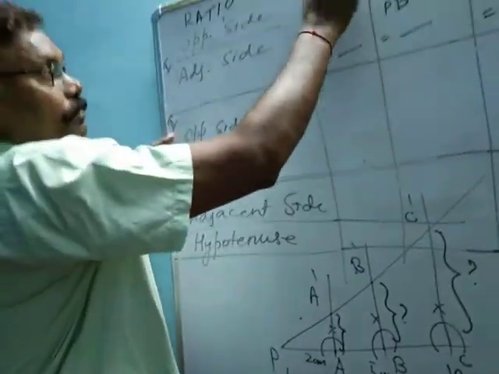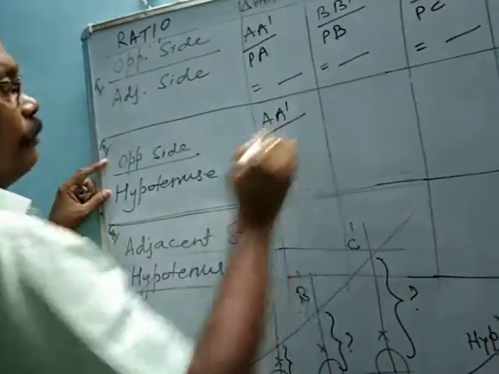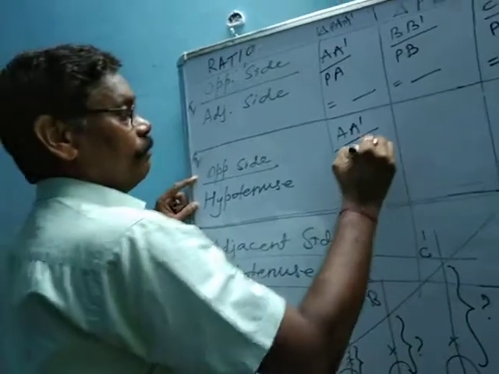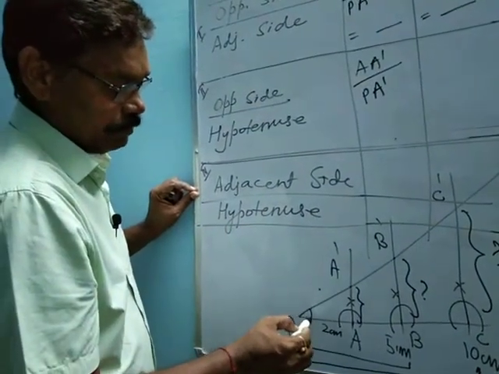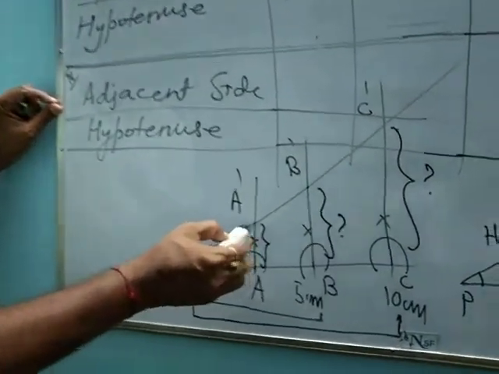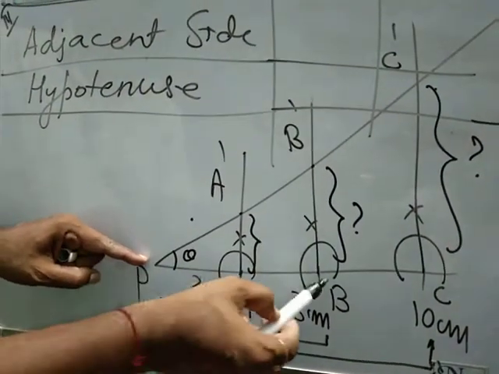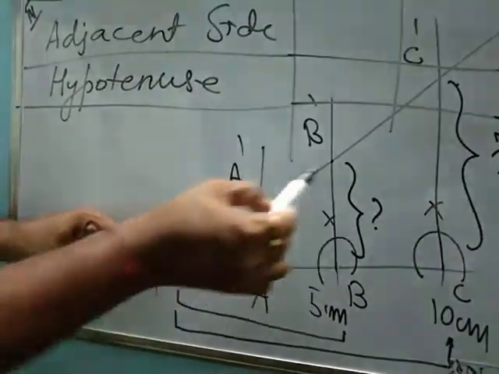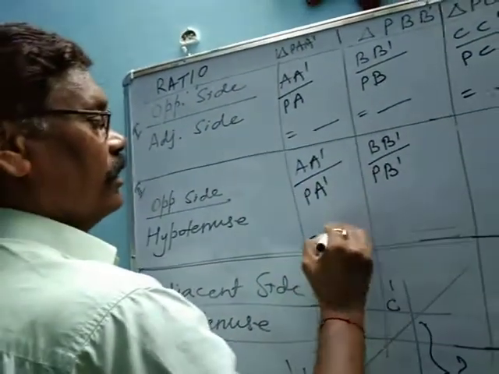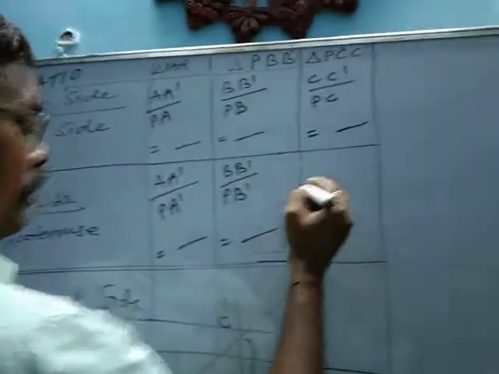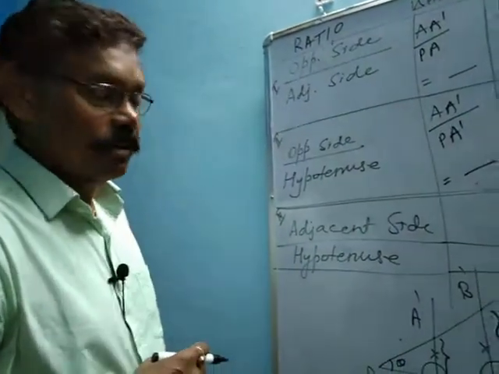So in the first triangle PAA dash, opposite side is A dash upon hypotenuse. Hypotenuse will be, you can see easily, it is PA dash. When we talk about the first triangle PAA dash, opposite to this angle, let's say theta, A dash is opposite and PA dash is hypotenuse. When we talk about the bigger triangle PBB dash, again BB dash is opposite and PB dash is hypotenuse. So it will be BB dash upon PB dash. Calculate and find the answer. And same thing will be here, CC dash divided by PC dash.